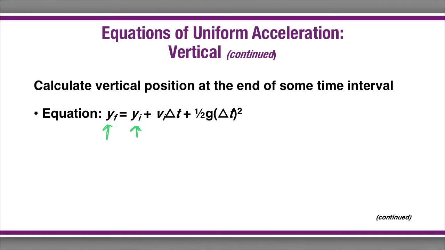Now, sometimes in these equations, you must determine whether that initial position is 0 or that initial position starts at, say, 2 meters, right? Plus the initial velocity times the change in time interval that you're looking at, plus 1/2 the acceleration due to gravity times, again, the change in time squared.